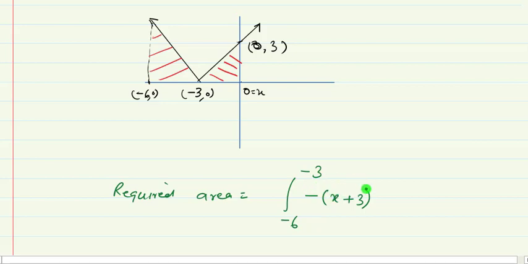So clearly modulus x plus 3 will be with negative sign, dx, and plus the next area is from minus 3 to 0 with positive sign. Why is this so?